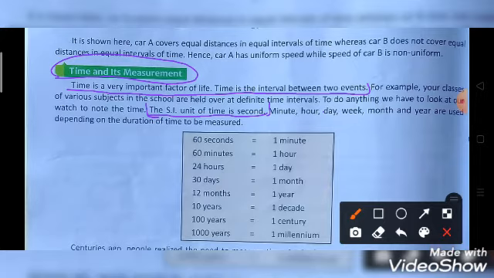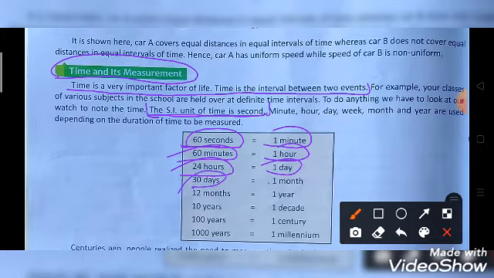Just look at the table here. 60 seconds equal 1 minute. 60 minutes equal 1 hour. 24 hours equal 1 day. 30 days equal 1 month. 12 months equal 1 year. 10 years equal 1 decade. 100 years equal 1 century. 1,000 years equal 1 millennium. So this is how we measure time.